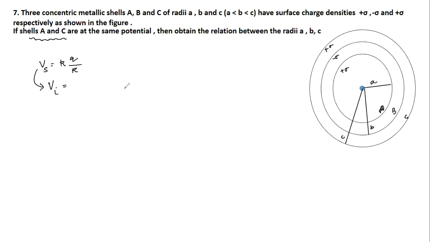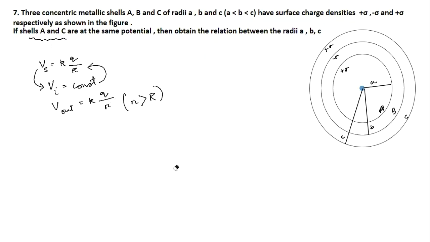It makes our potential inside the shell constant, and that constant value is KQ by capital R. When we consider any point outside the shell, the potential at that point is KQ by small r, where r is much greater than capital R. In this way, we studied electric potential for any metallic shell.